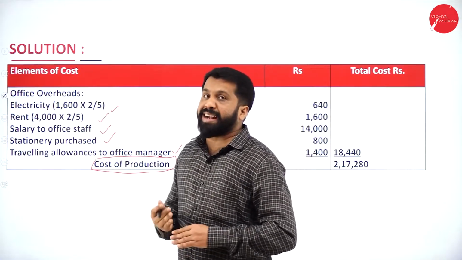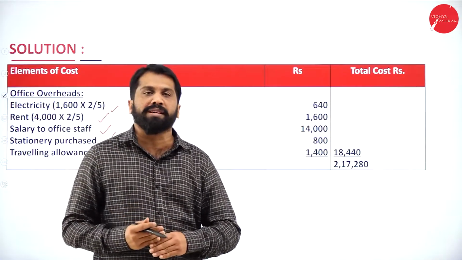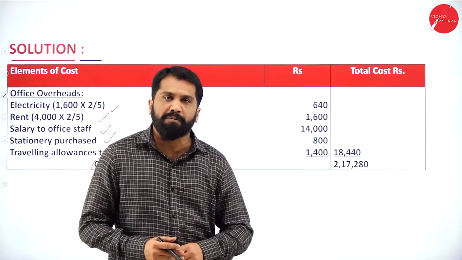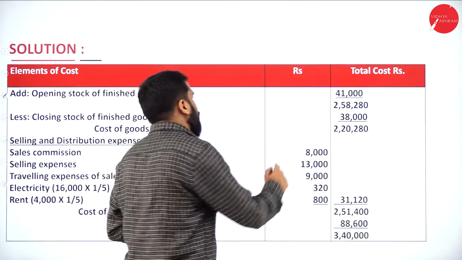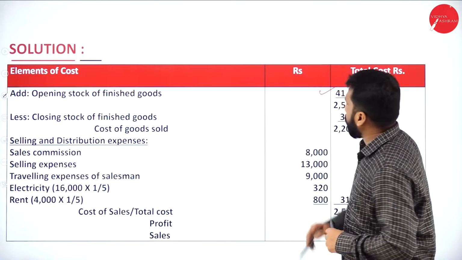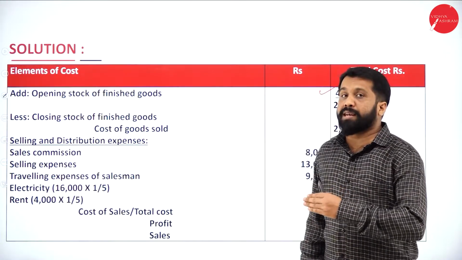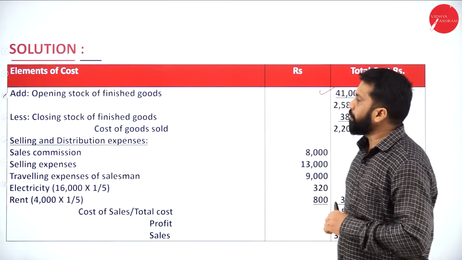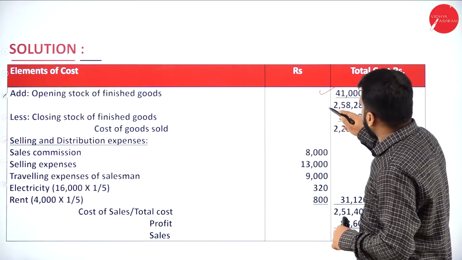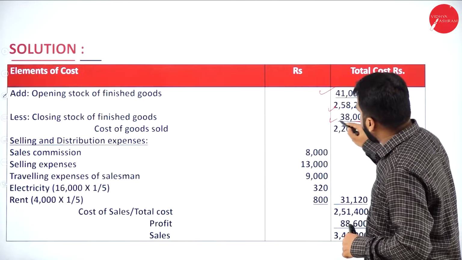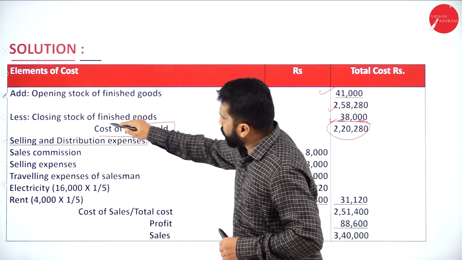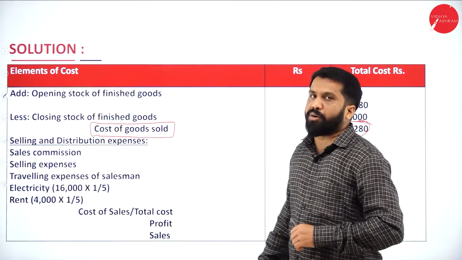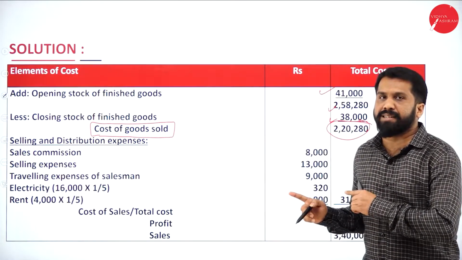We have not added the opening stock of work in progress minus closing stock of work in progress. We'll take that also. See, opening stock of finished goods, not work in progress. Work in progress comes under factory. Now, opening stock of finished goods minus closing stock of finished goods, you got cost of goods sold. Any doubt up to this? Up to this, there is no doubt.